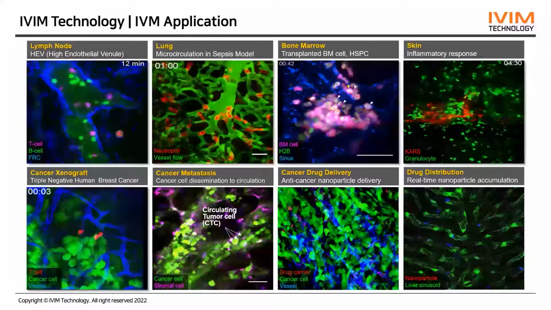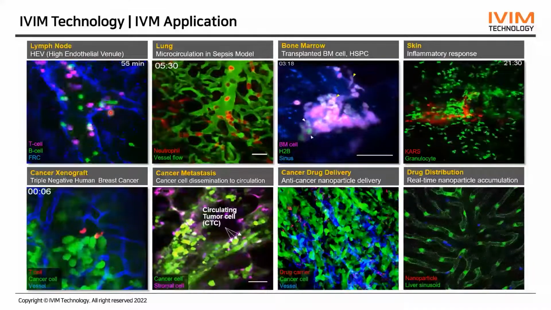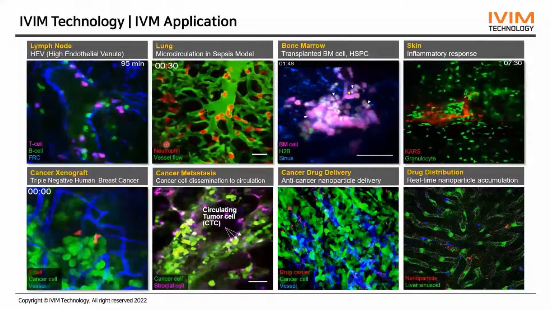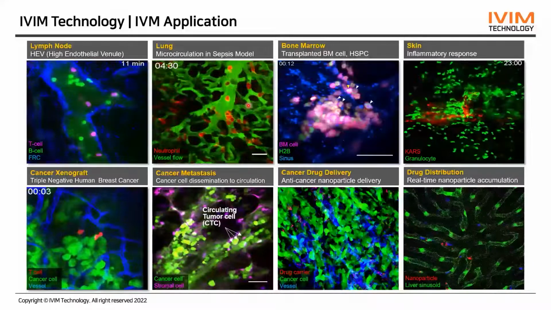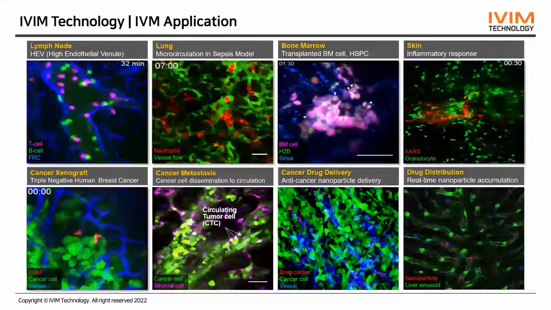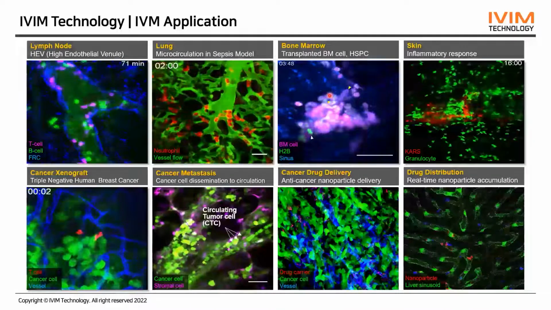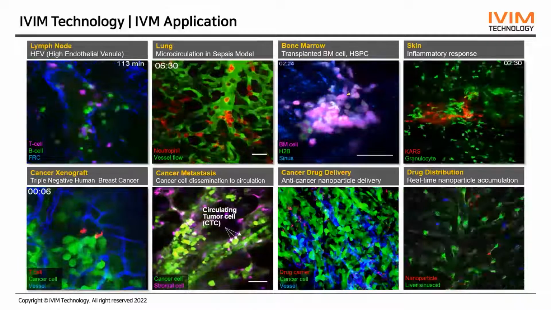And also for applications, we have a lot of research publications according to the organ of interest and disease models. And here is an example of in vivo imaging of the lymph node and lung of the sepsis model, bone marrow of the bone marrow transplantation mouse model, and skin validating the inflammatory effects of drug candidates.